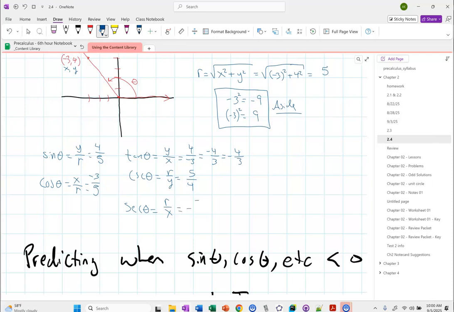I'm just going to write it as -5/3. But again, it doesn't matter where you put that negative sign, right? And then our last one is cotangent, which is x over y, -3 over 4. I'm just going to call that -3/4.